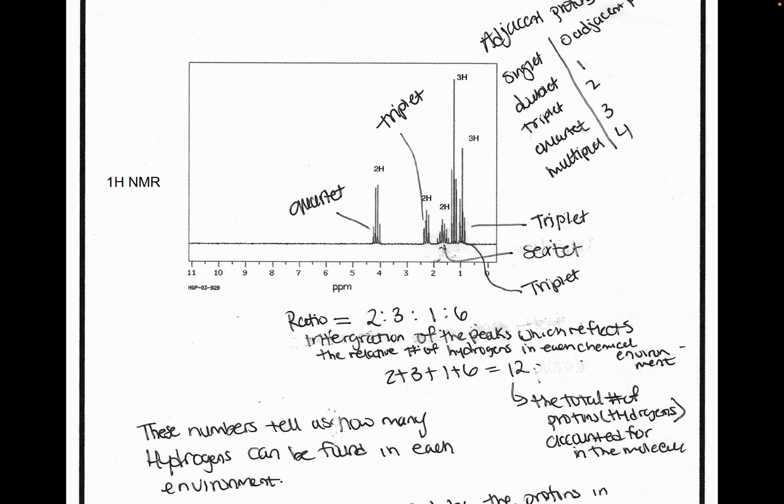I noticed that there was a triplet around 1.2 ppm, integrating for 3 hydrogens, a methyl group, CH3, next to a CH2.